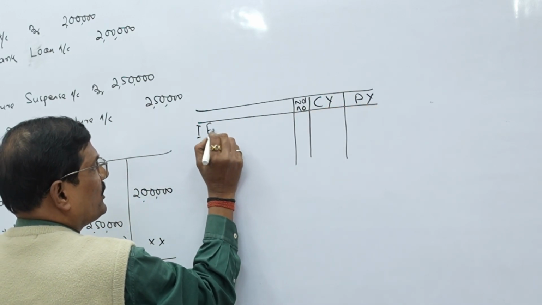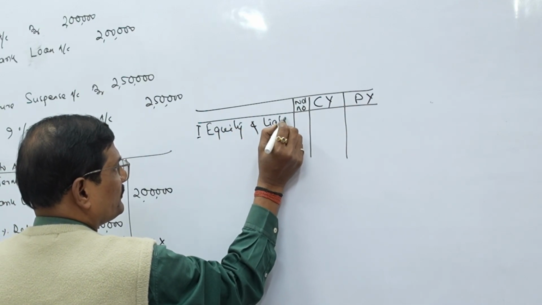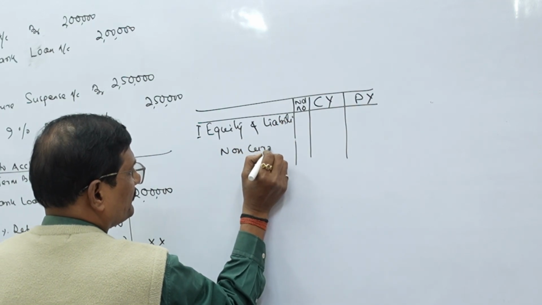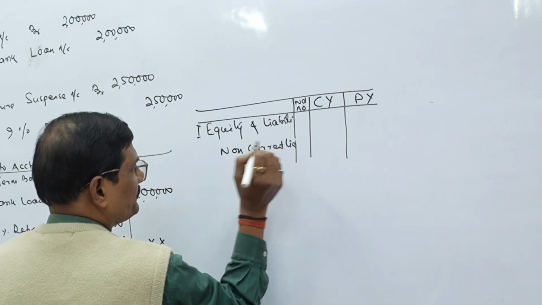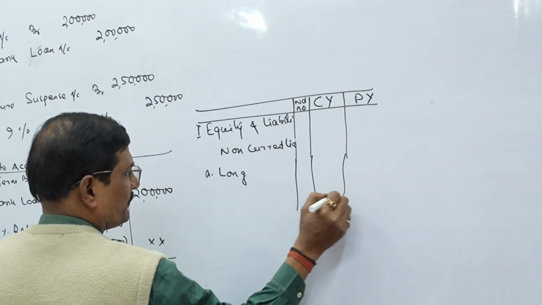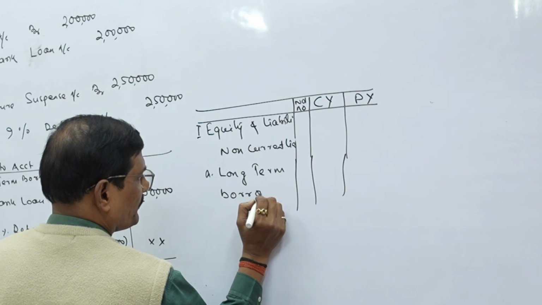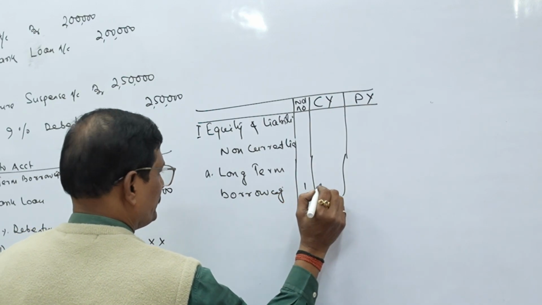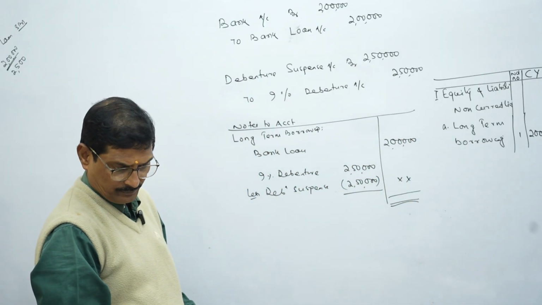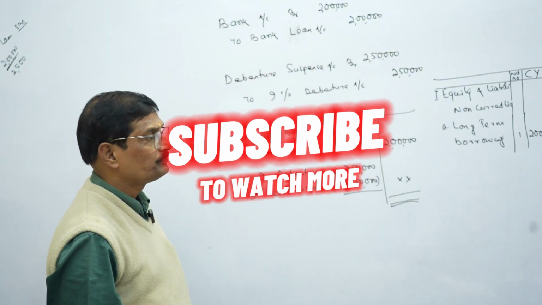First one is equity and liabilities, non-current liability, and here long-term borrowing. Amount is 2 lakh. That's all. Got it?